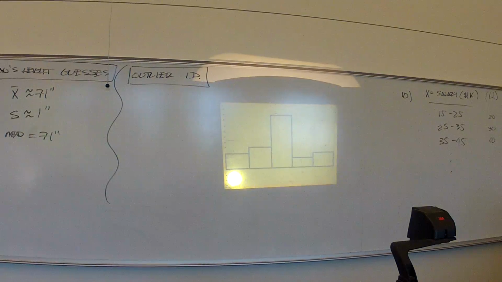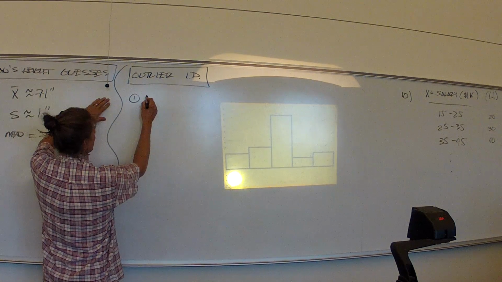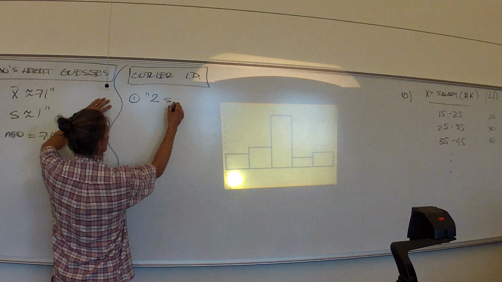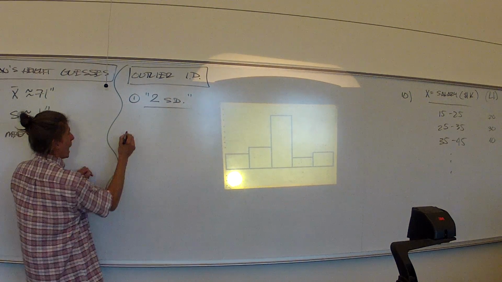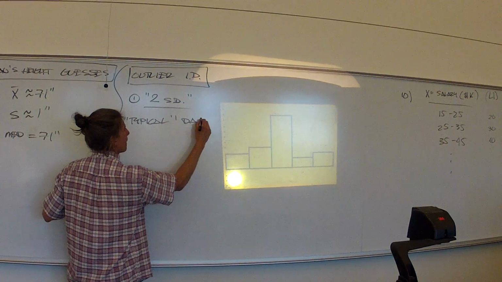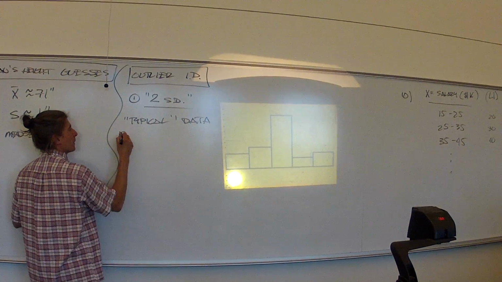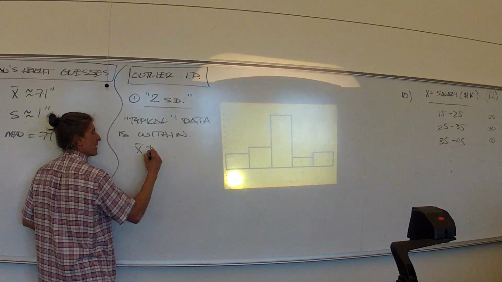So when we talk about what Raphael just said, method number 1, we'll call it the 2 standard deviation method. Basically, what has been set up is that typical data is within 2 standard deviations of average.